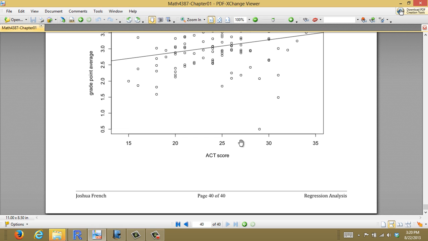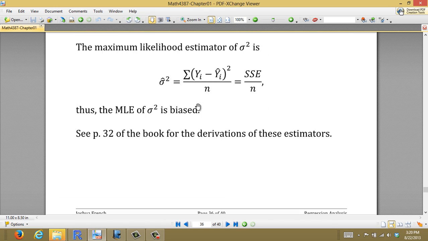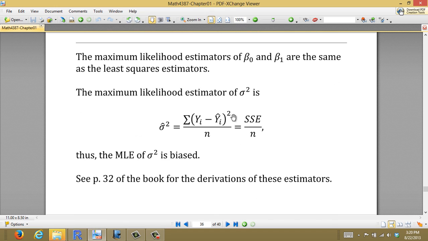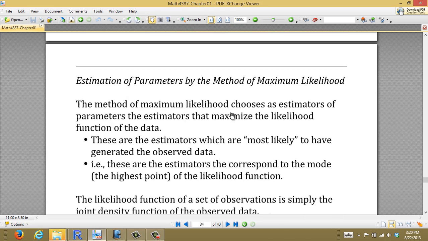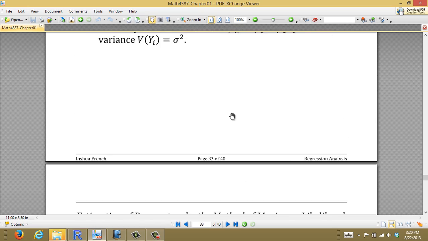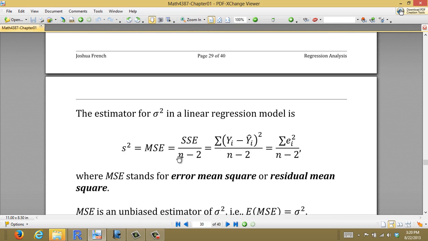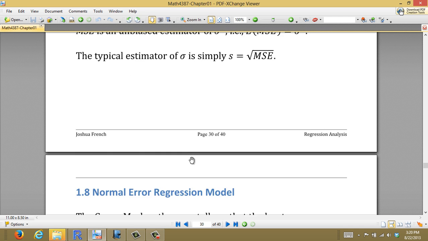And from those we can obtain the residuals, which is the vertical difference between each observation and the estimated regression line. And then that allowed us to obtain estimates of the variance, which is simply the MSE, which is the error sum of squares divided by n minus 2.